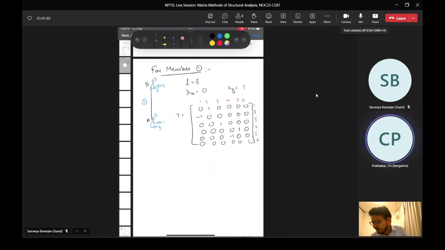So before finding the stiffness matrix, similar to what we did in the last class, like in the beam problem, we would find the value of AE by L. AE by L equals 1. Then 12 EI by L cube equals 1 again. Please check these answers.